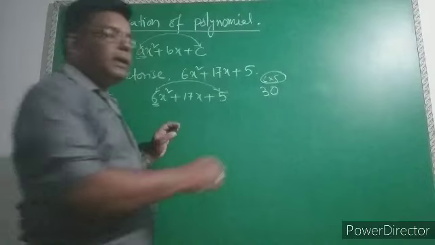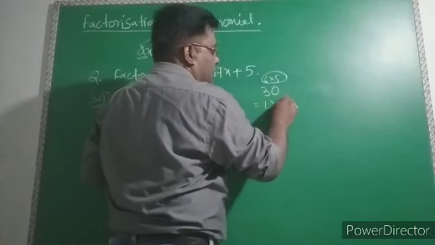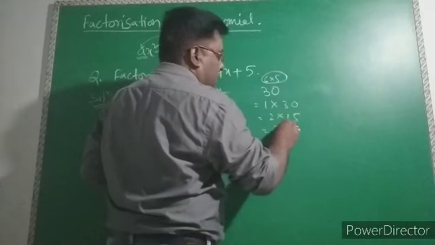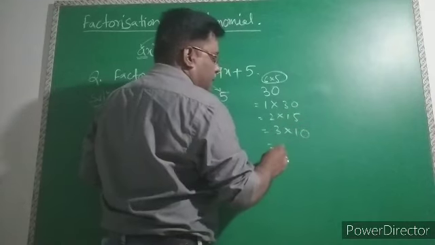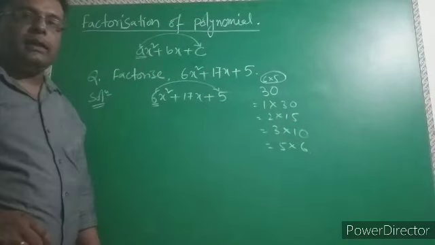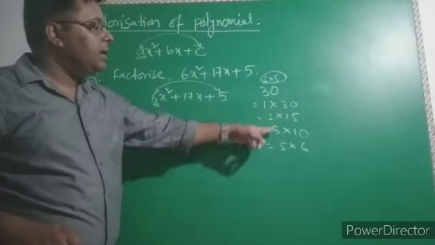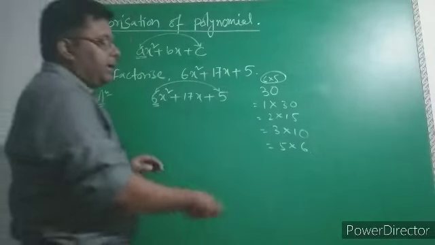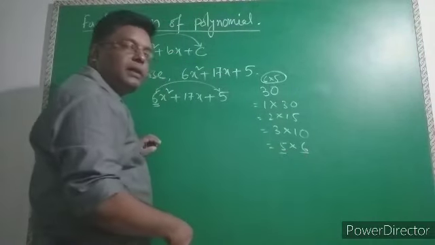So 30 can be written like this: 1 into 30, 2 into 15, 3 into 10, or 5 into 6. But see, if we add 5 plus 6, we get 11.